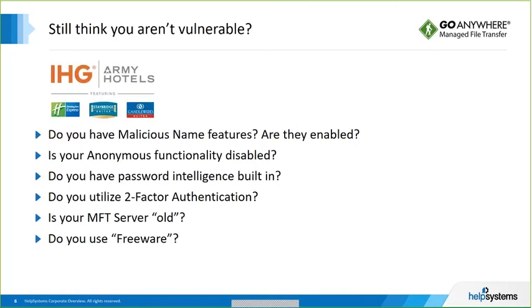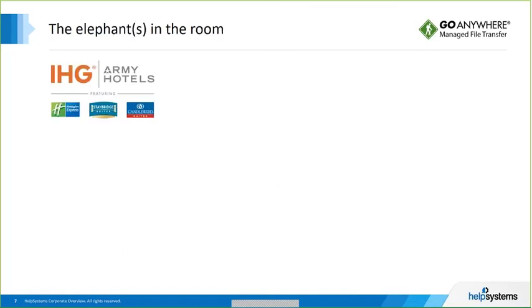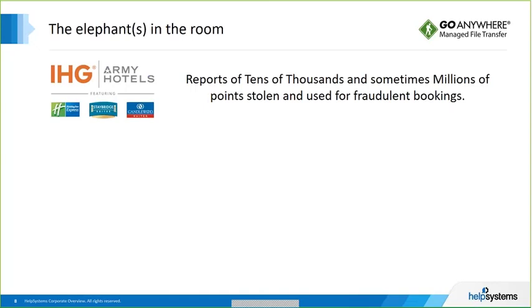Let's take a look at the elephants in the room and talk about that. IHG, talking about Holiday Inn Express or Staybridge or Candlewood. They have reports of tens of thousands and even sometimes millions of points being stolen and used for fraudulent booking.